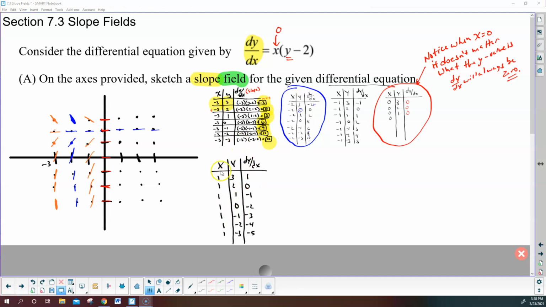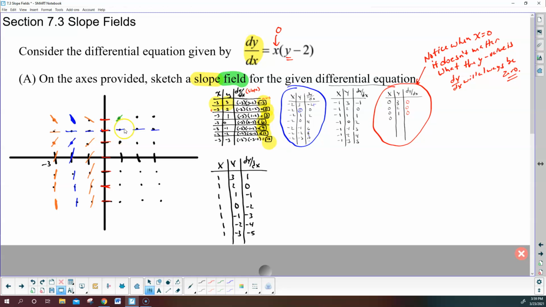So notice there's a pattern here when x is equal to 1. If x is 1, then all I'm doing is taking the y value minus 2. So you can generate these very quickly. And then let's go ahead and graph. Over 1 up 3 has a slope of +1. So I want a slope of +1 here. So I'm going to think up 1 over 1, and that'll give me a slope that looks roughly like that.